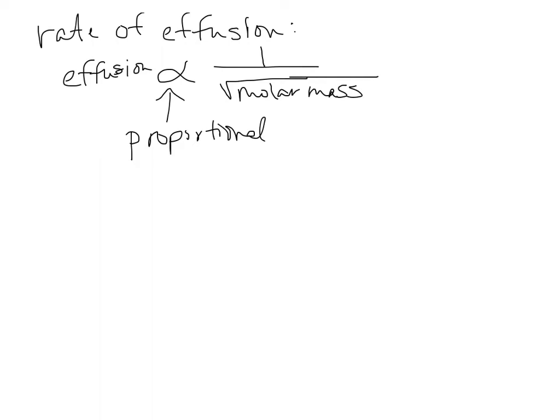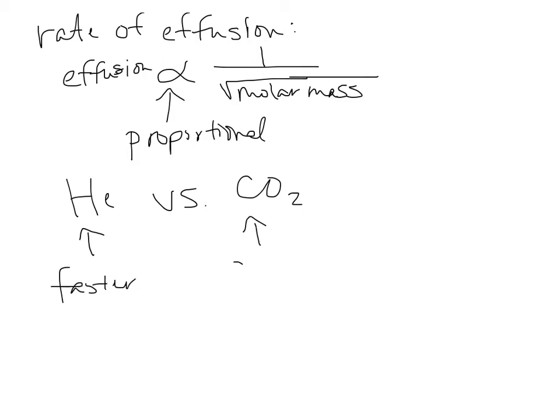And so what we can say is if we were going to compare helium versus, say, carbon dioxide, helium would effuse faster because it has a smaller molar mass. So the rate of effusion would be higher because this number is smaller, so this is going to give us a bigger number. So this is faster and this is slower.